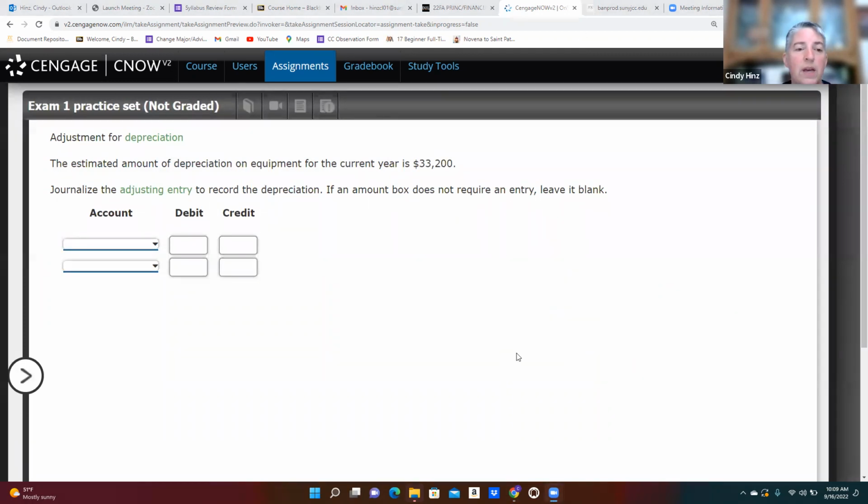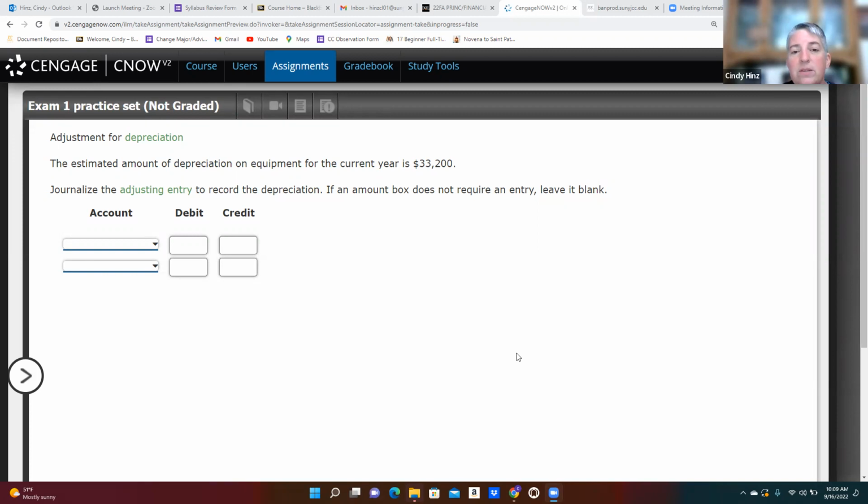So for this exercise, adjustment for depreciation, I'm not going to go through the whole explanation of what depreciation is. I did do that in class this week, so if you need to hear that, I would recommend you go to the video from the conclusion of chapter 3, where I go through the entire rationale and explanation of what depreciation is.